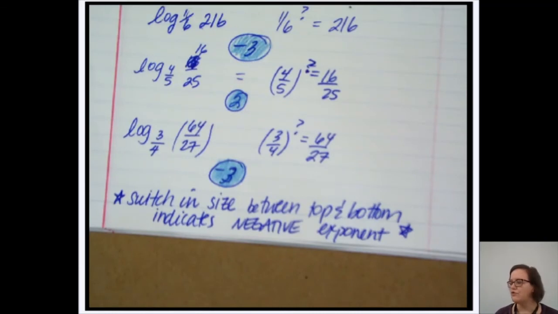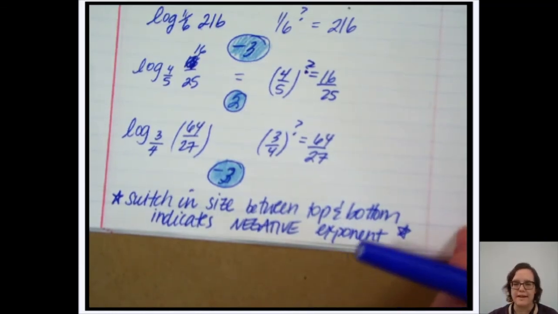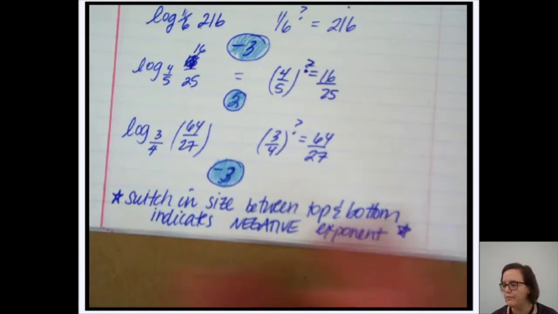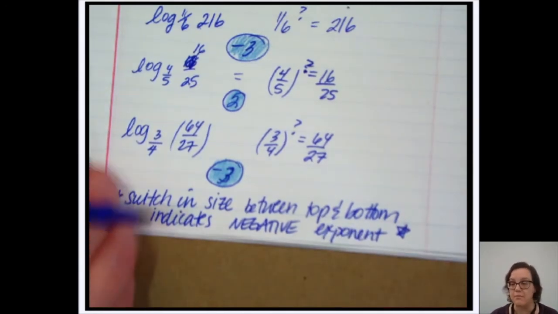Okay, so why don't you try the ones I'm about to write down, pause your video, try them, and then come back and check. So let me give you 4 to try.